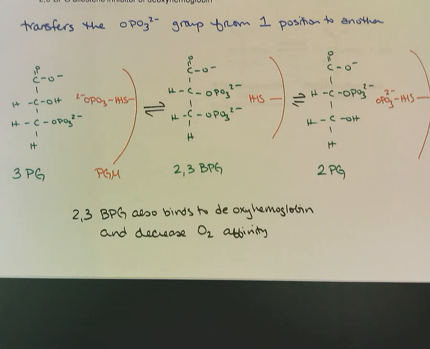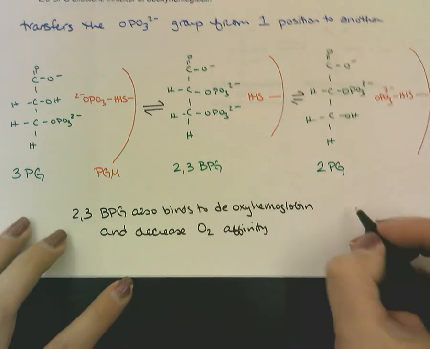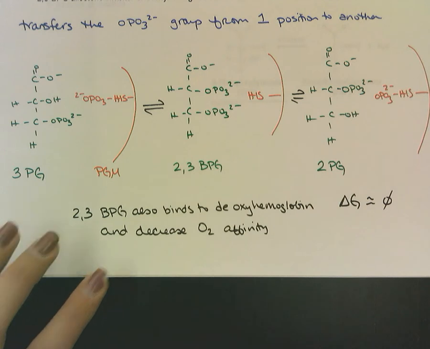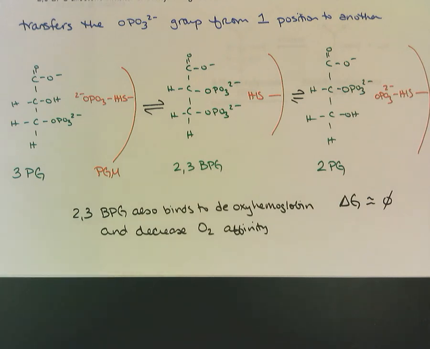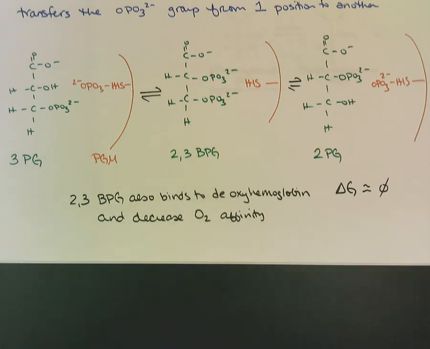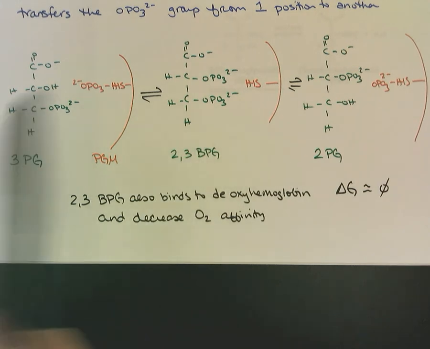Any guesses on what the delta G for this reaction would be? 0. It's freely reversible. So again, what would force 2PG to be the product rather than either one of these two?